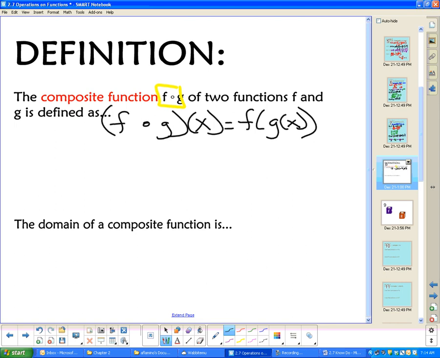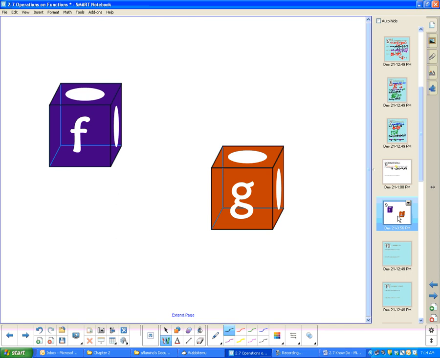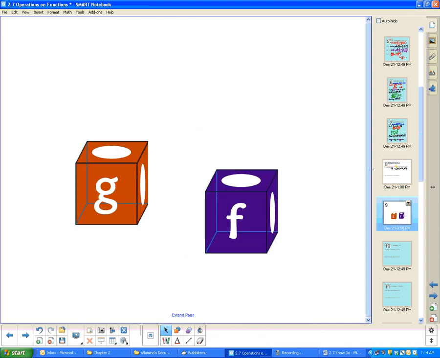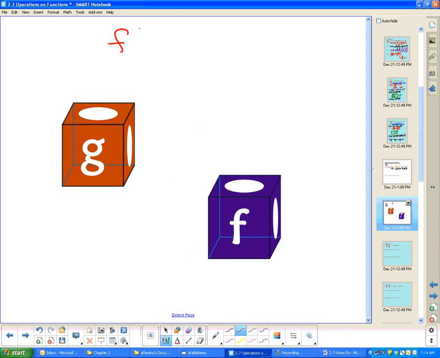And what I like to think of this as is a chain of events. Whereas with adding, subtracting, multiplying, dividing, we find f of x and g of x separately, then perform the operation to put them together. This is more of a chain of events. And the way I would look at this is if I had f of g of x, order of operations tells you to start inside, which means I start with my x, and put it into the function g.